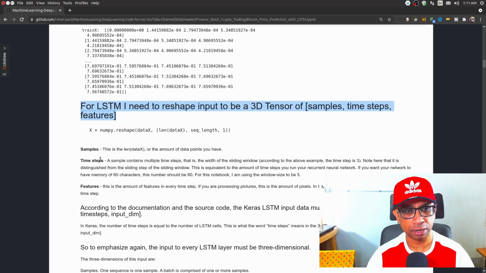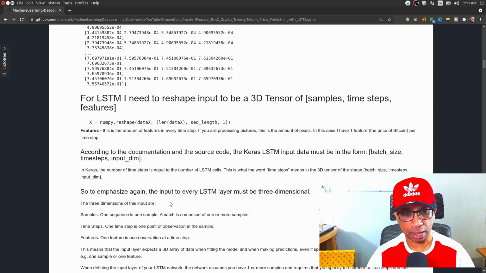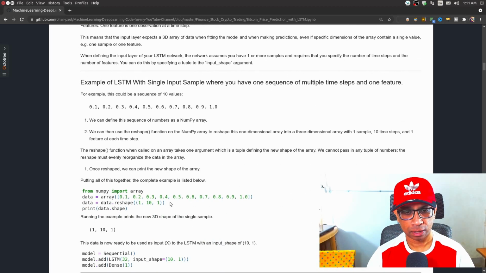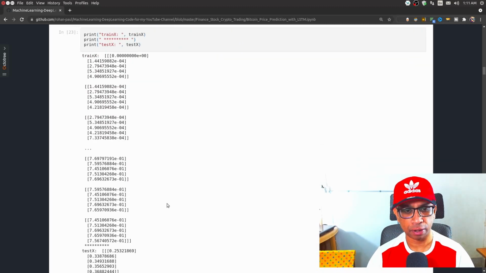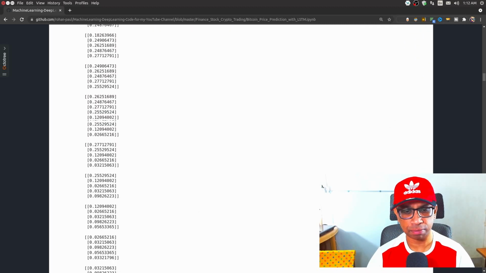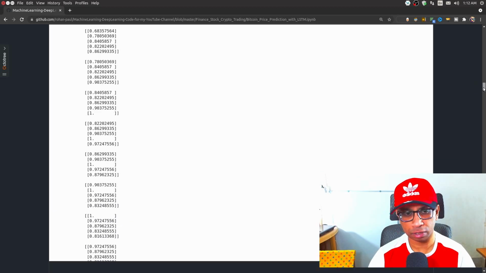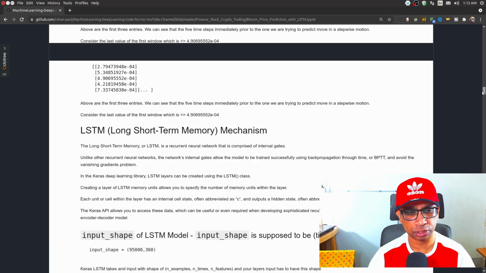And that's what we did, because we reshaped our original input dataset into this 3-dimensional tensor, the samples being the entire length of the dataset, time steps for us was 5, and the features were the number of features. All right, and after this we pretty much ran the entire LSTM model, and let's check the model architecture that we had.